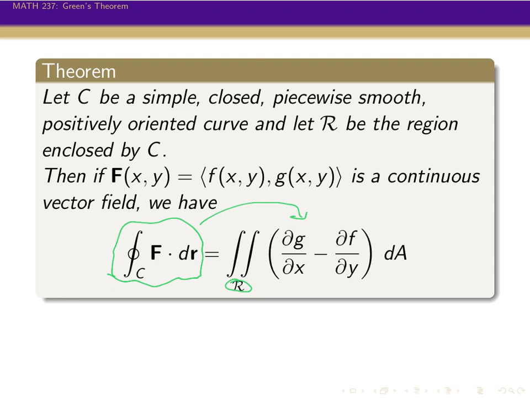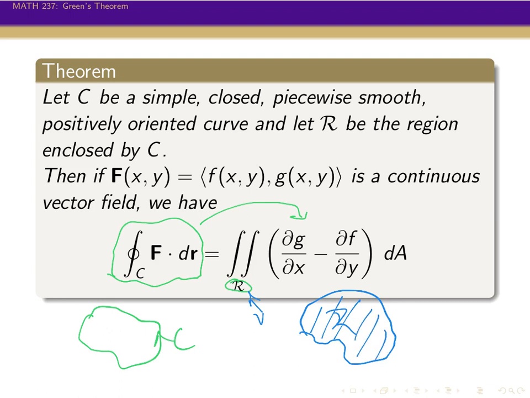So the left-hand side is talking about a line integral in terms of C, whereas the right-hand side, if I can copy out that shape roughly like that, is talking about a double integral over the region inside, right?